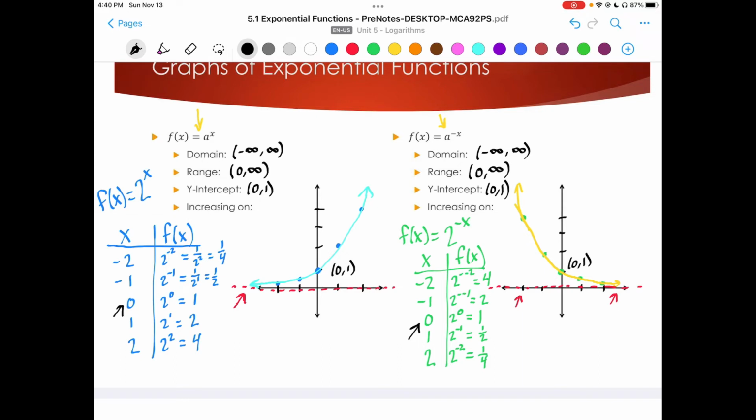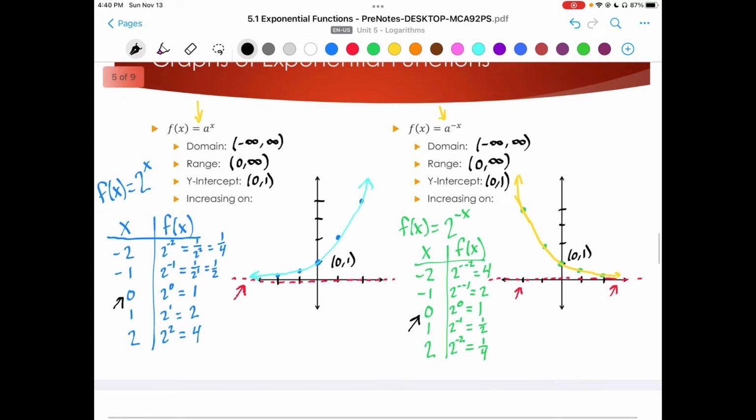All right, so the only things we have left are increasing and decreasing. So f of x equals a to the x, a to the positive x, on the left side is increasing. Remember, when we're talking about increasing or decreasing, we start on the negative side and we read to the right. So we follow our line, and we'll start right here.